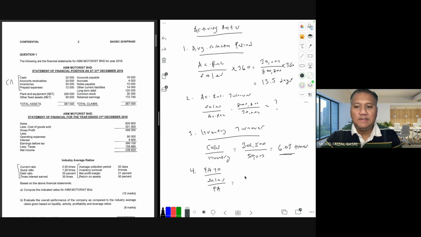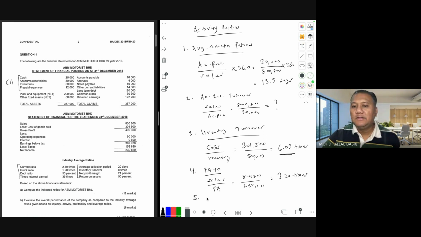So sales dia tadi 800 and the fixed asset adalah these two, 250,000. Okay, 800 divided by 250,000. So it's about 3.20 times. Okay, like I said, we don't have any information to compare, so we don't know lah whether it's good or not lah. So fixed asset turnover.